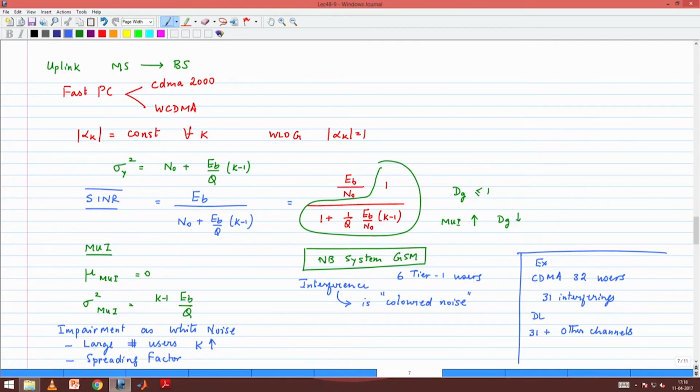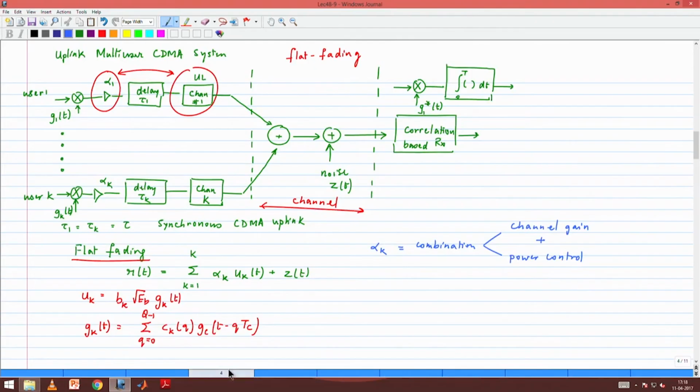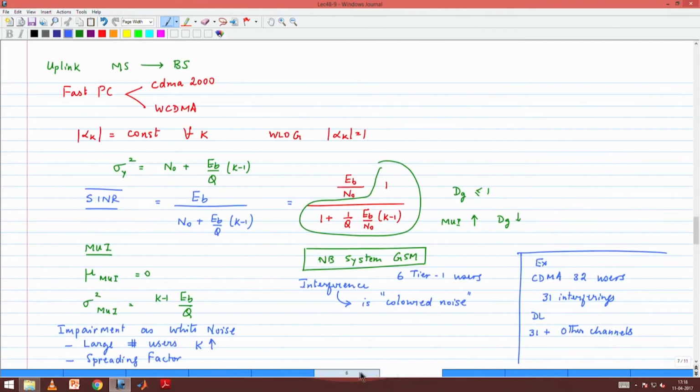K users, each one has got a different spreading factor. There is this alpha coefficient which corresponds to power control plus channel gain, and basically if I do proper power control, all these signals will arrive at the base station with the same power level, which then tells me that I can characterize my noise in the following way: signal Eb divided by N0, which is AWGN, and then the other terms, assuming ideal power control, will be Eb by Q into K minus 1.